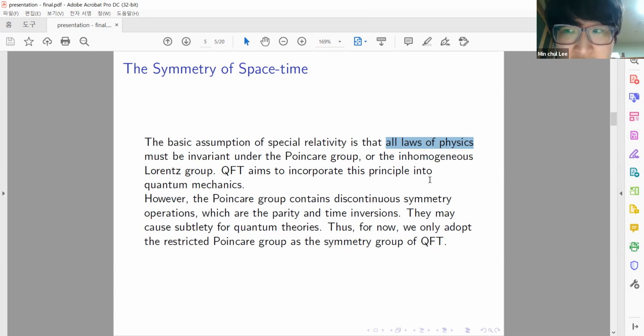That will explain what you were questioning about. So basically, what physicists want to say is that regardless of the coordinate with which you're observing a phenomenon, you get the same result and same judgment. That is the invariance of the laws of physics under the Poincare group.